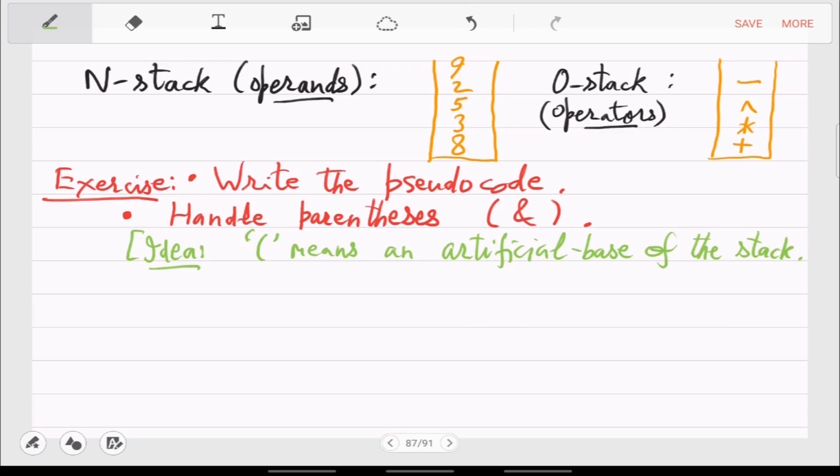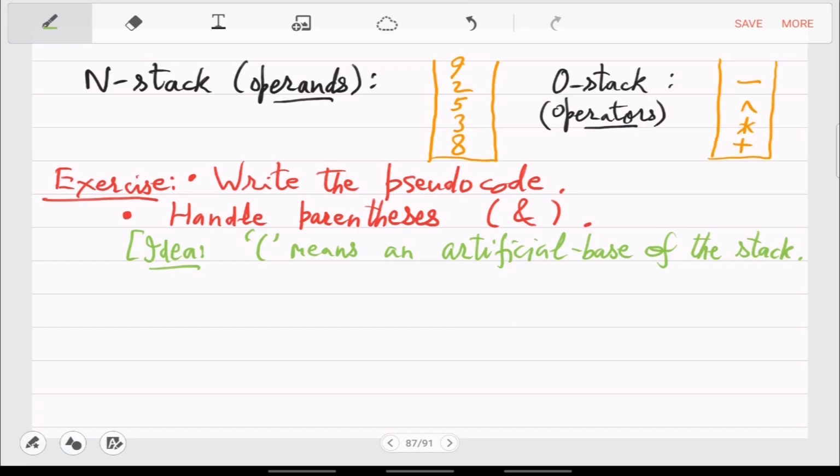So an open parenthesis means that you have basically started from the base of the stack, and then maybe another open parenthesis comes, so then the artificial base shifts there, and this may happen unboundedly many times, depends on the input.